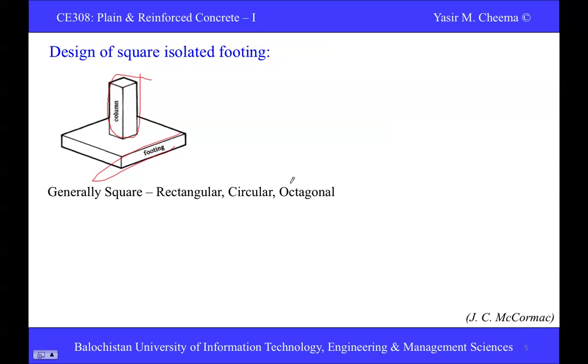So any kind of footing is possible for one column. An isolated footing means there is one column, and you design a footing for that one column, and this footing can be square, rectangular, circular or octagonal, whatever you like and whatever is feasible for you.